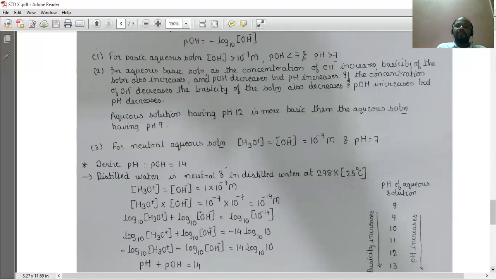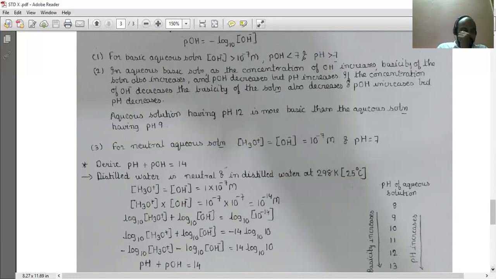Applying logarithm on both sides, log to the base 10 of hydronium ion concentration plus log to the base 10 of hydroxide ion concentration is equal to log to the base 10 of 10 raised to minus 14 molar. That is equal to negative 14 log 10 to the base 10.